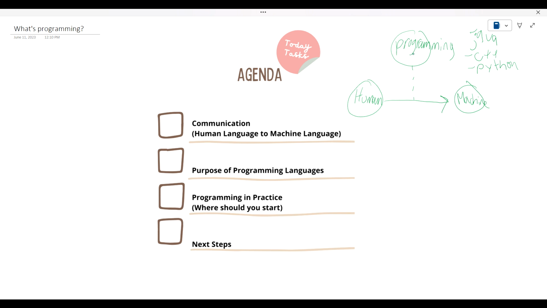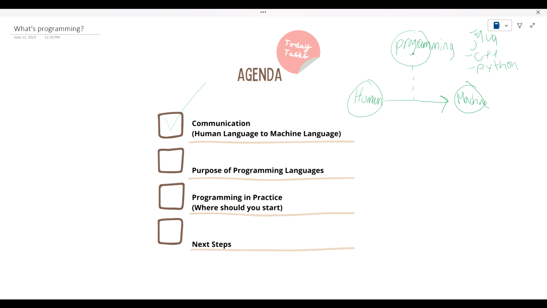Now, let's go on to our second point, which is the purpose of programming languages. The purpose of a programming language is really to solve problems. We humans cannot speak directly to machines, so we need programming languages as an interface between the two so that we can talk with machines.